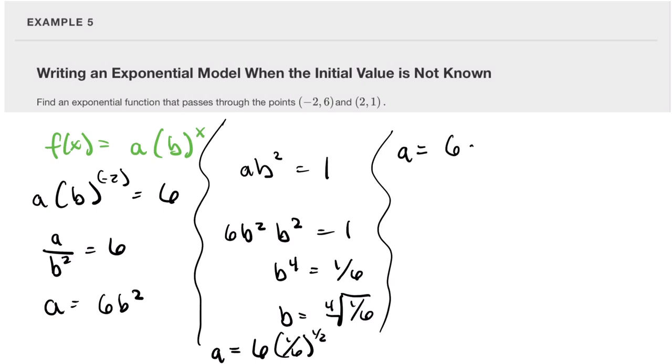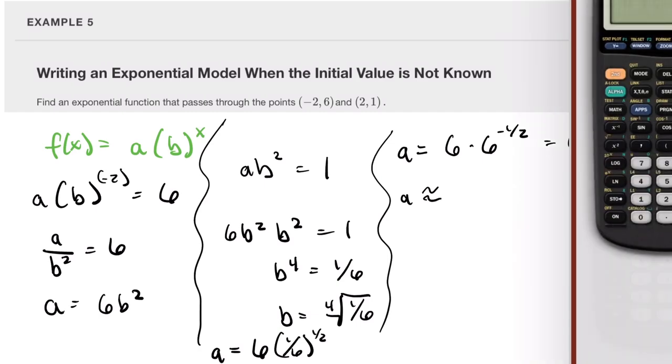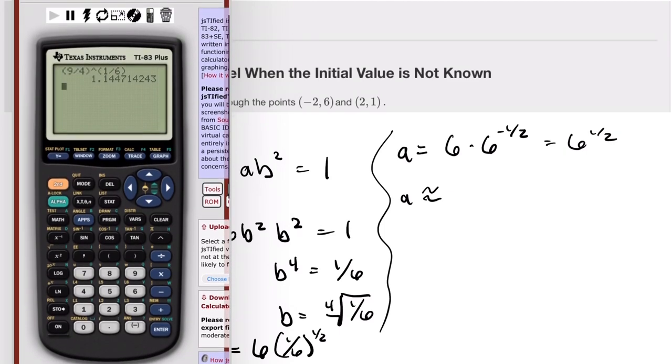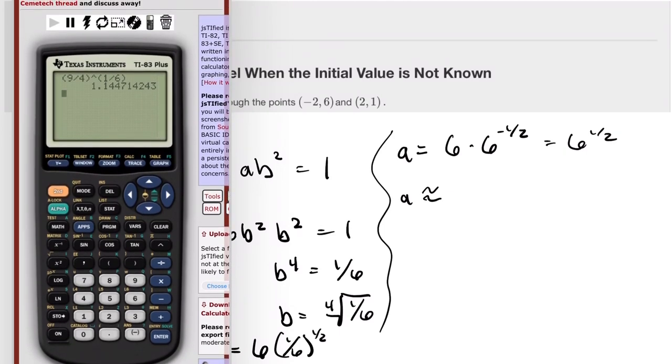That's going to be the same as 6 times 6 to the -1/2. So I think we can add those powers. So 1 plus -1/2 is 6 to the 1/2, whatever the square root of 6 is. The square root of 4 is 2, and the square root of 9 is 3, so it's like 2 point something, right? So we're going to say 6 to the power of a half.